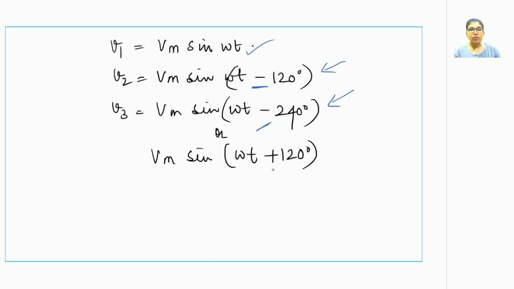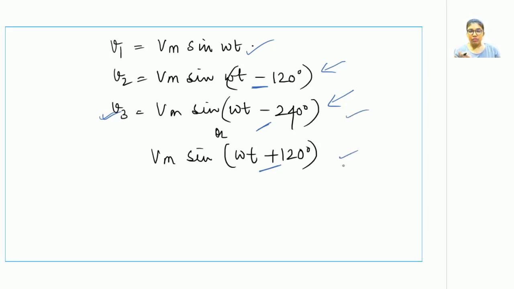And why is it also represented as plus? Because when these signals are being generated, they will be generated continuously. So at a particular instant of time, this V3 can be seen to be ahead of V1 by 120 degrees. Hence, V3 can be represented in these two manners.